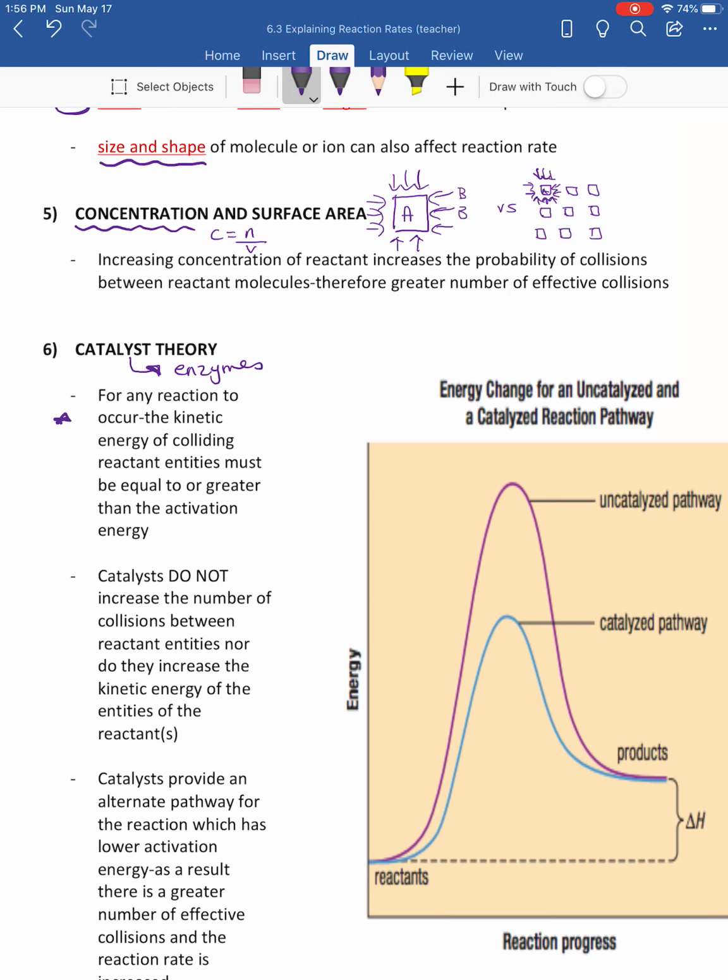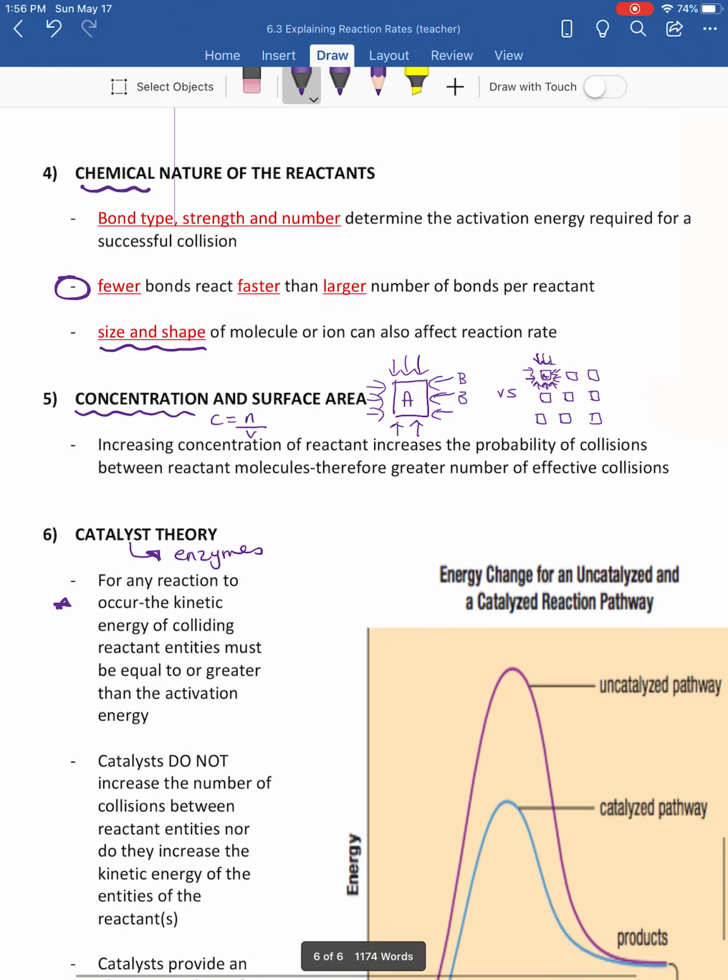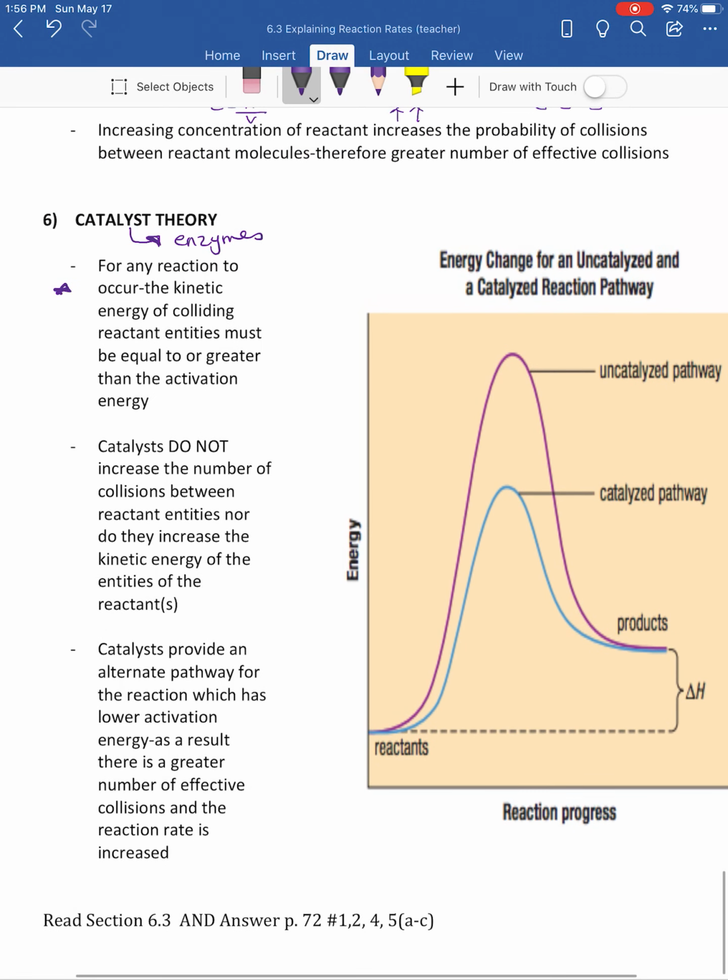So let's look right here. For any reaction to occur, the kinetic energy of colliding reactant entities must be equal to or greater than the activation energy. What that means is my reactants need to have enough energy to go over that hump, right? If they don't have enough energy to go over that hump in our chart, they will just move back and stay as reactants, right?